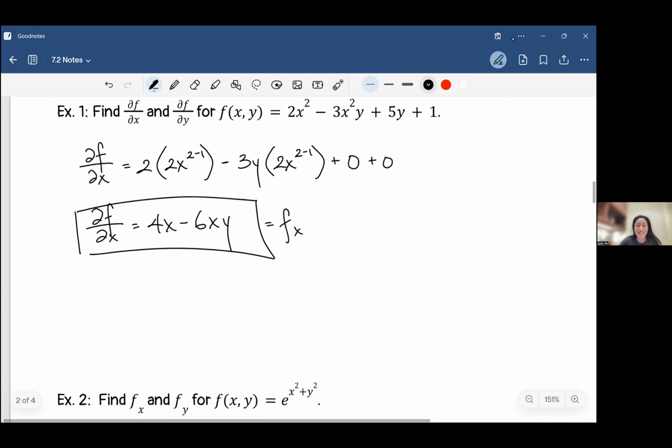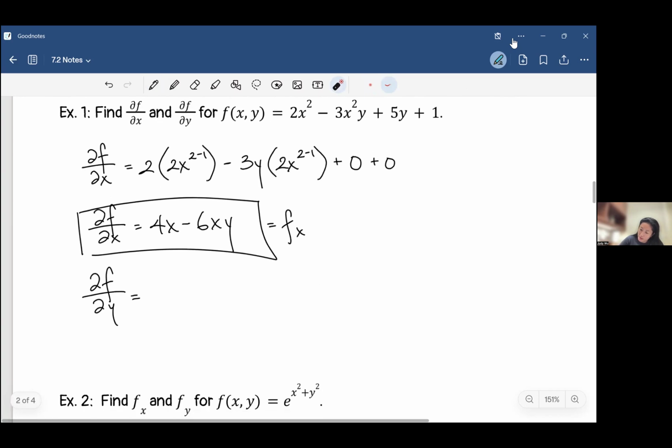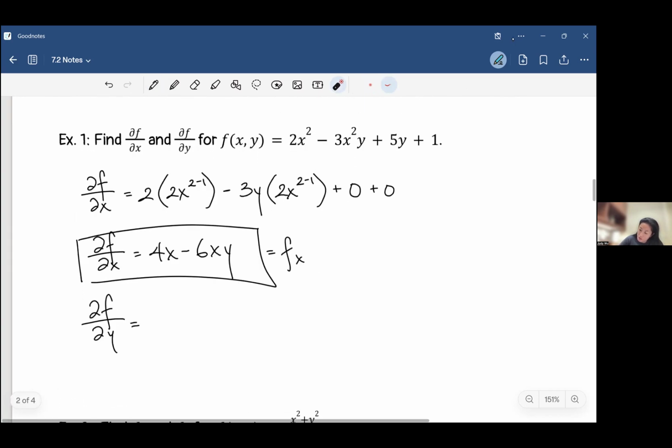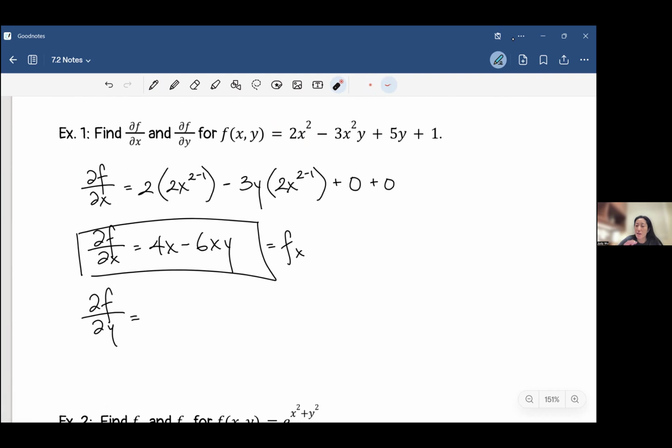All right, let's take a look at the partial with respect to y now. So partial f partial y equals, okay, 2x squared. There's no y's in there, so that whole term is considered a constant.